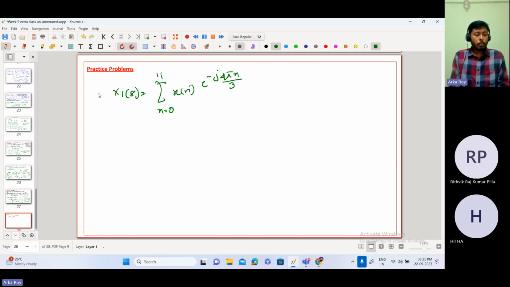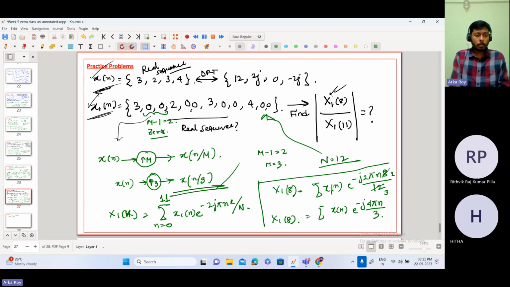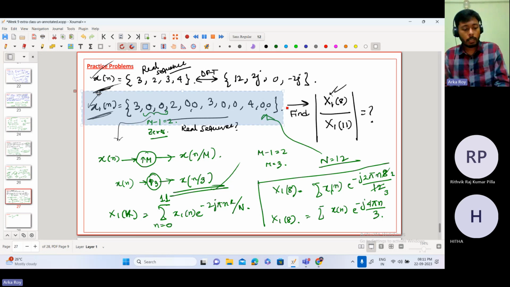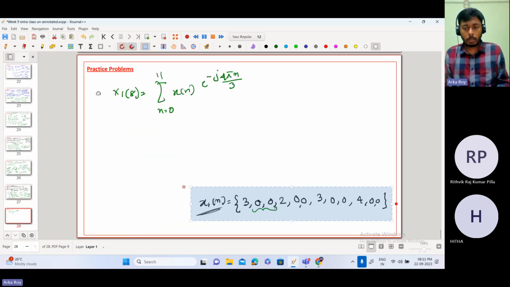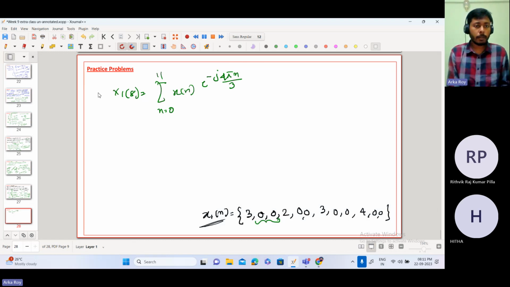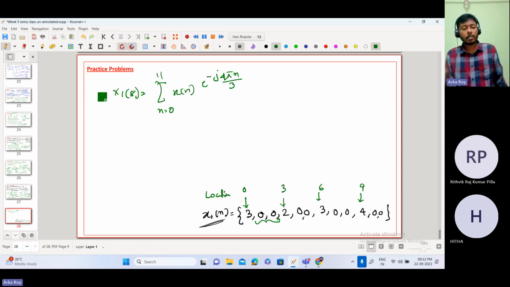Now, if you see the sequence that has been given, let me copy it for reference. I will get values only at these particular locations, index 0, 1, 2, 3, 4, 5, 6, 7, 8, 9, and at the rest of the locations I will get 0. Multiplication of 0 with e to the power of something will lead to 0, so I will not bother about that.